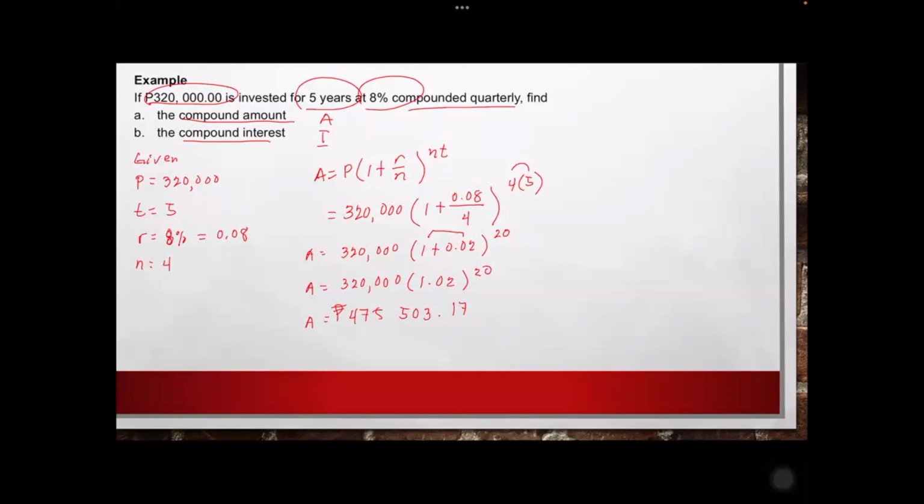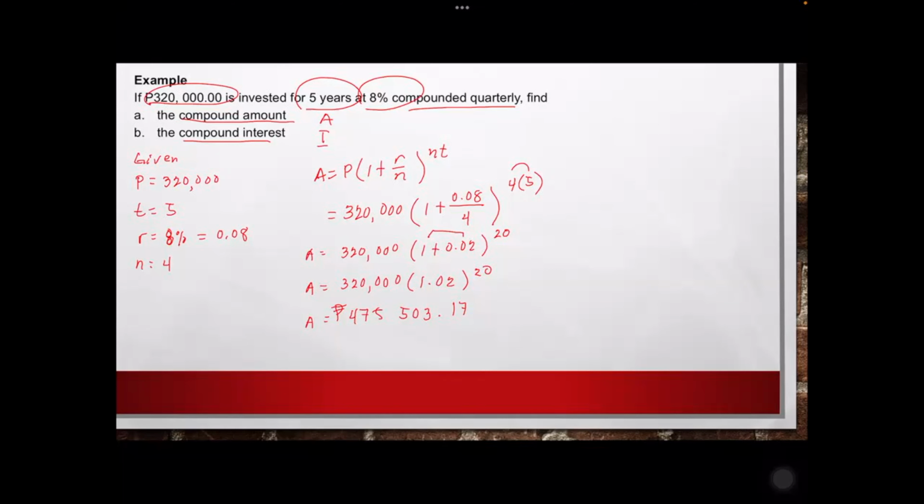Now, ano yung formula to find for the compound interest? This is for the I. We discussed this last time. Yes, Del Mundo. I equals PRT po. Yes, pwede naman.